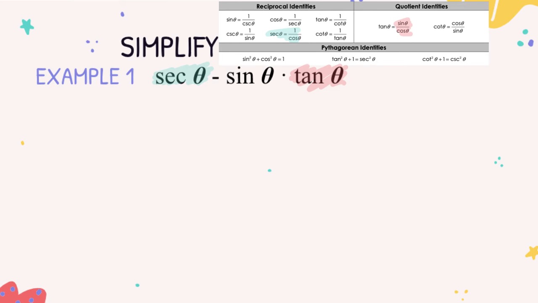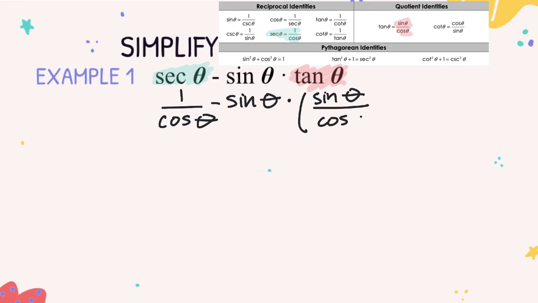I already have sine in the expression, so if I replace secant with 1 over cosine, bring down minus sine theta, and then replace tangent of theta with sine of theta over cosine of theta.